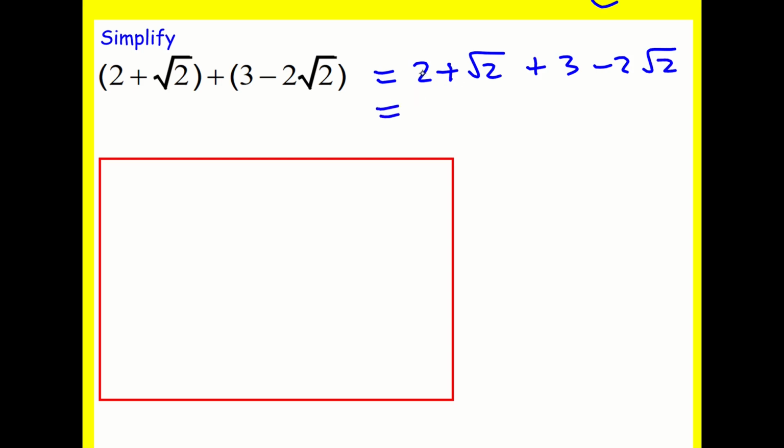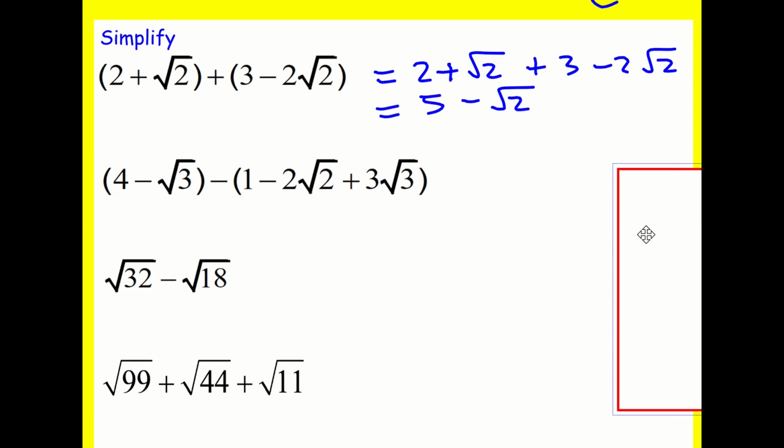Now what we can do is add the whole numbers together, or the rational numbers. So 5. And then the root 2 minus 2 root 2 is going to become minus root 2. It's as if it's saying x minus 2x, which is minus x. The same idea. Right, have a go at these three here.